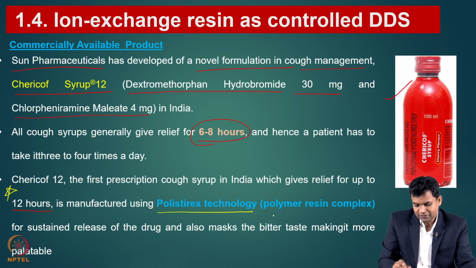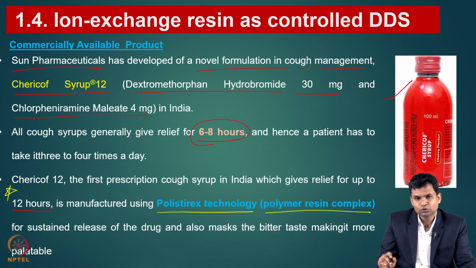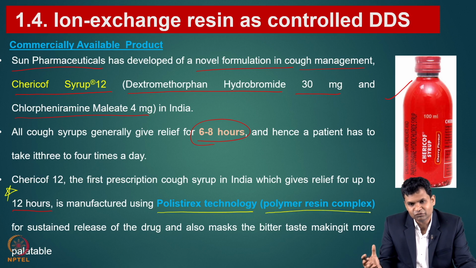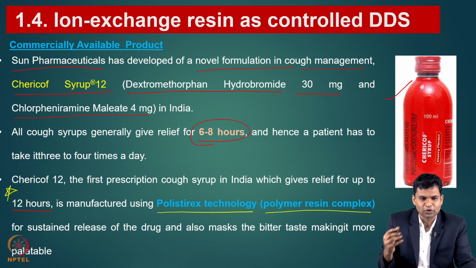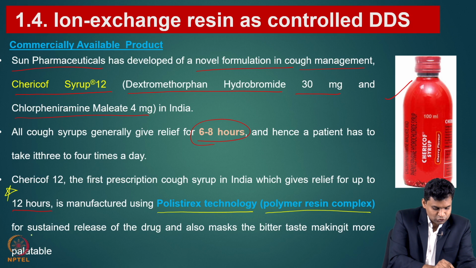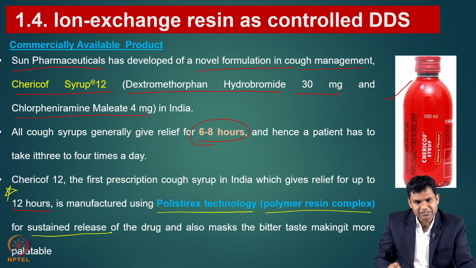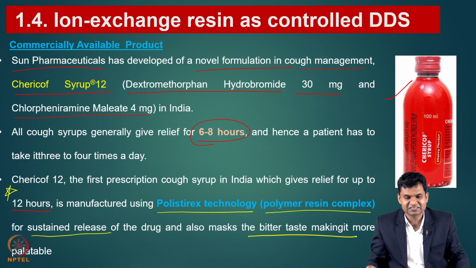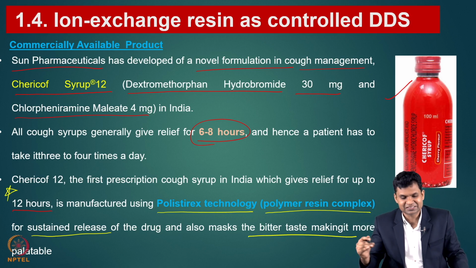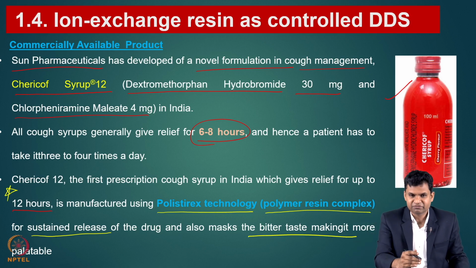This technology helps to develop various drug delivery formulations by using polymer resins, and this formulation will show sustained release. And not only that, this complexation with the ion exchange resin will reduce the bitter taste of these drugs, which are very, very bitter.